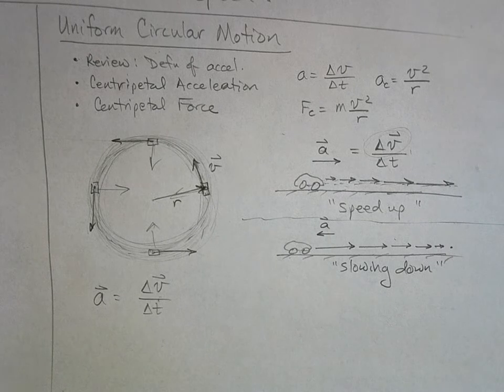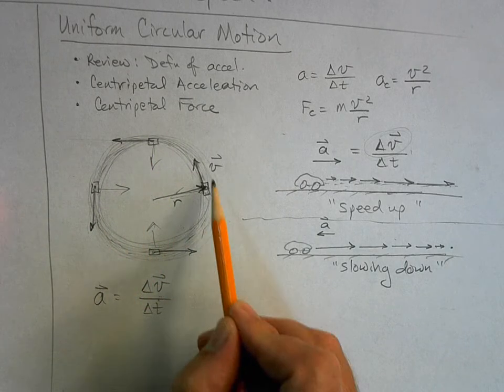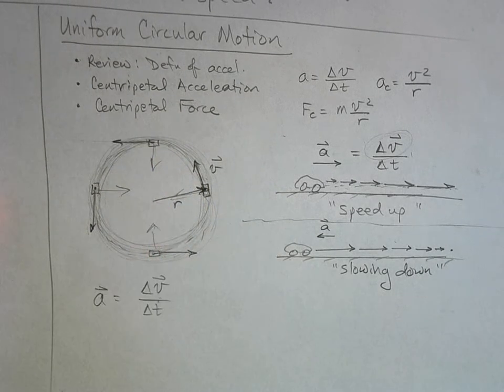By the way, we define acceleration in physics as the rate at which I'm changing velocity. Well, you can see that the velocity vector is getting changed as time goes by, pretty much at a steady rate.